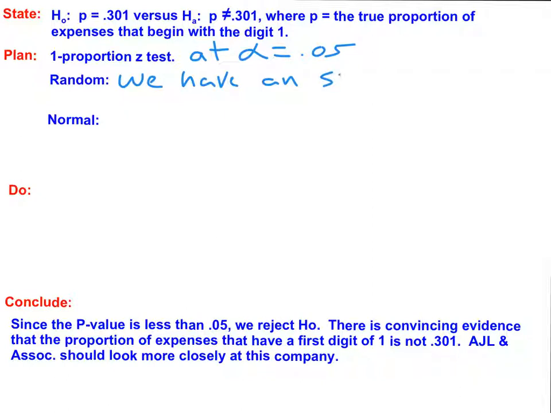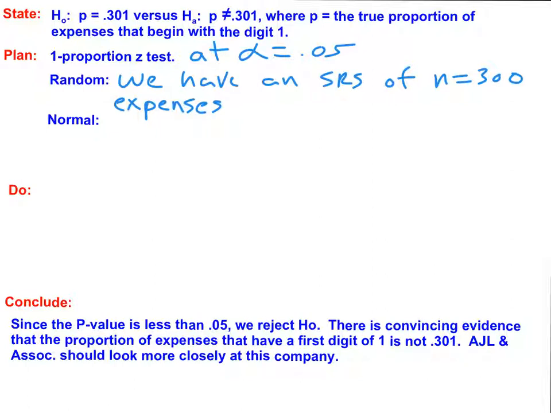Random: we have an SRS of 300 expenses. This is likely a company that has thousands and thousands, if not tens or hundreds of thousands of expenses. We just randomly selected 300.